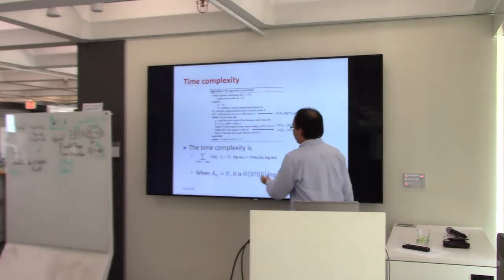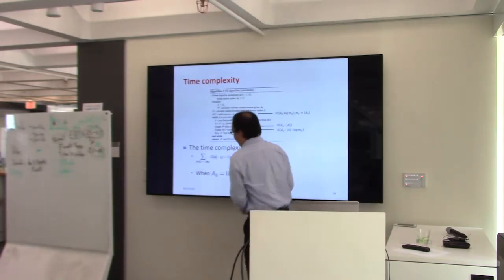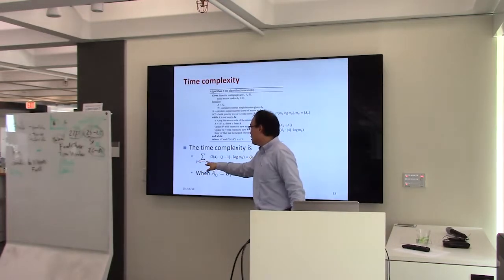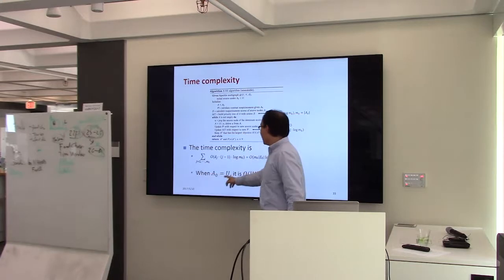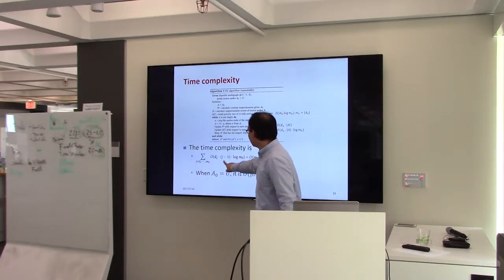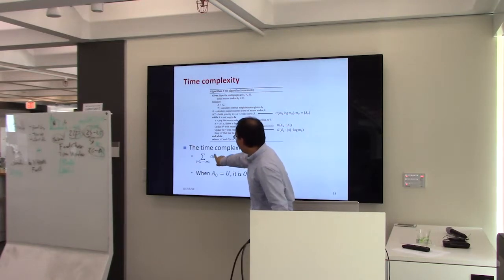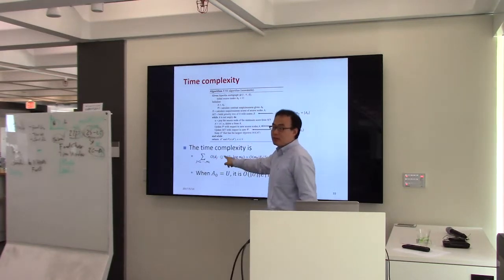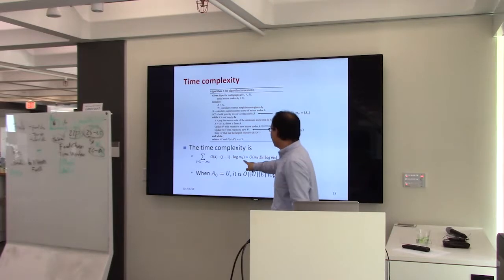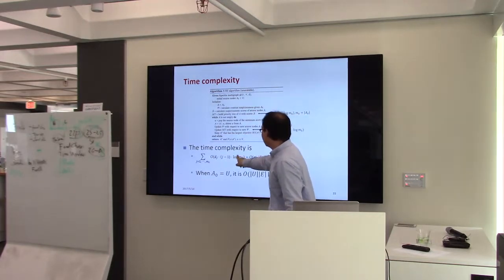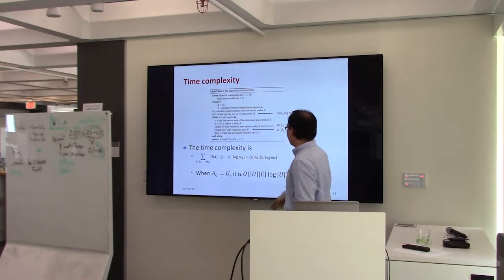So the total complexity will be the summation of j from M0 to 2, of the size of A, which is the degree of the nodes in each iteration. And we also need to multiply by log M0.